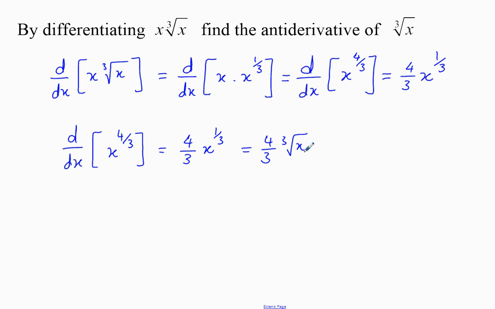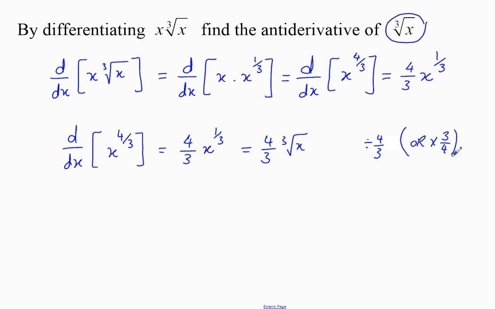Now, the question is asking for the antiderivative of the cubic root of x only, so I need to get rid of the 4 over 3. So to do that, you need to divide by 4 over 3, or multiply by 3 over 4.